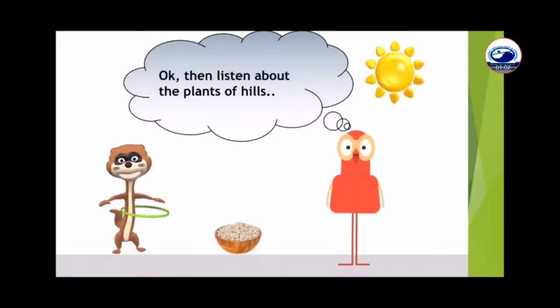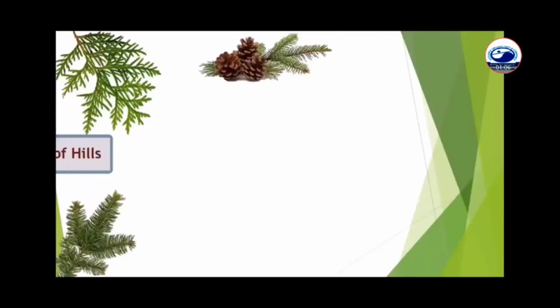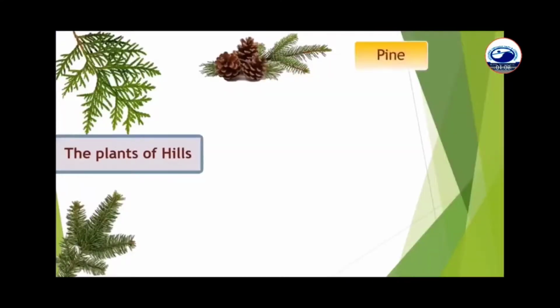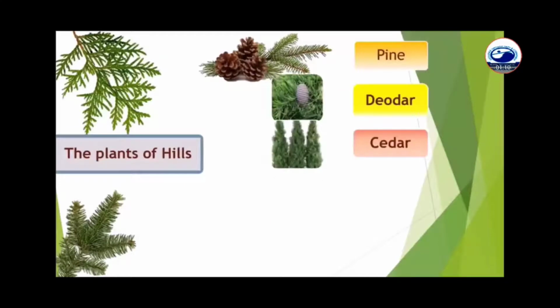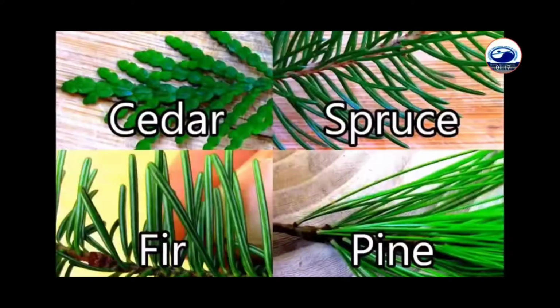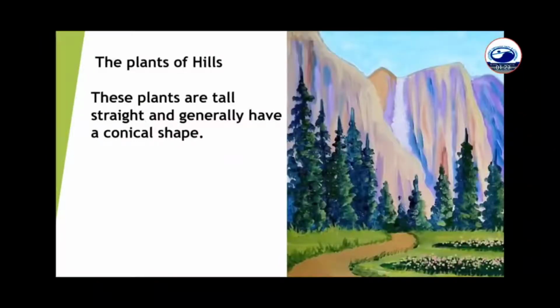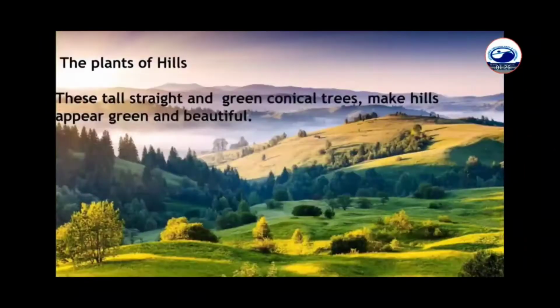Okay, then listen about the plants of hills. Pine, deodar, cedar, spruce and fir are some of the plants which grow on hills. These plants are tall, straight, and generally have a conical shape.